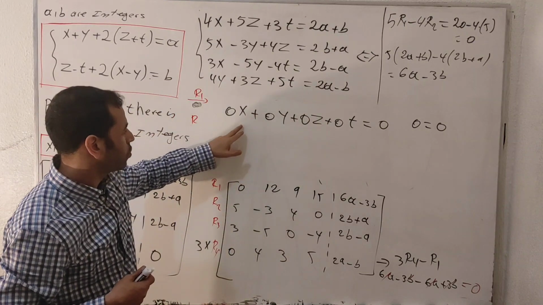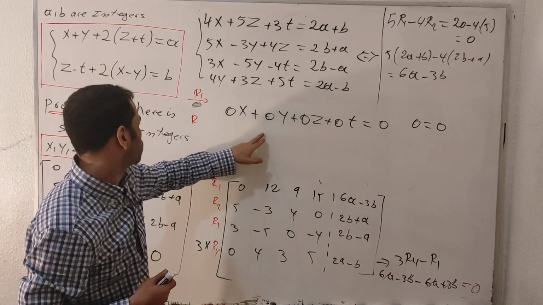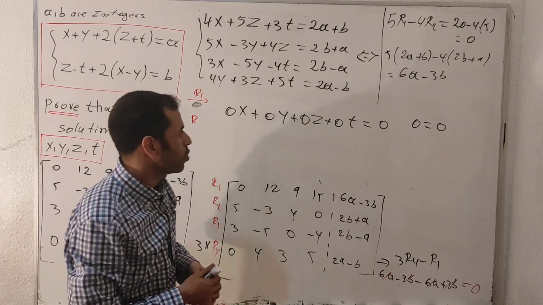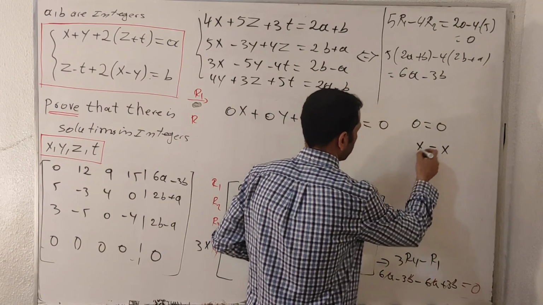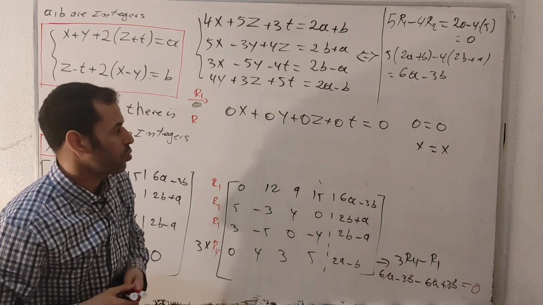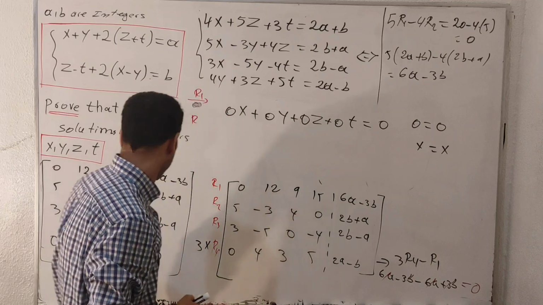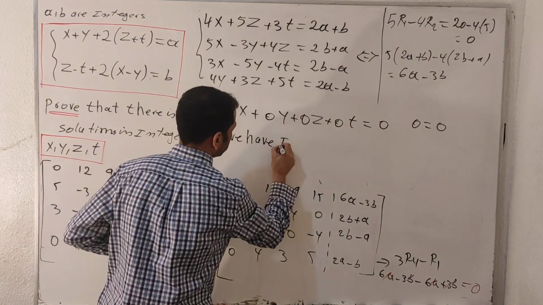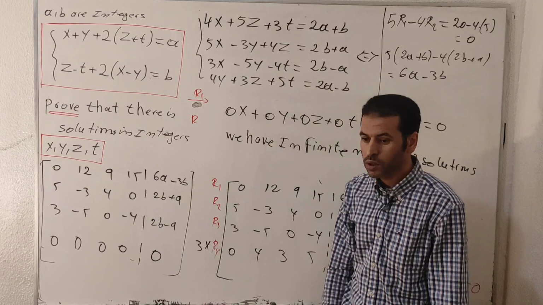Whatever the values of these variables are, they will verify this equation, because 0 equals 0. All that means we have an infinite number of solutions. So I have done this problem.